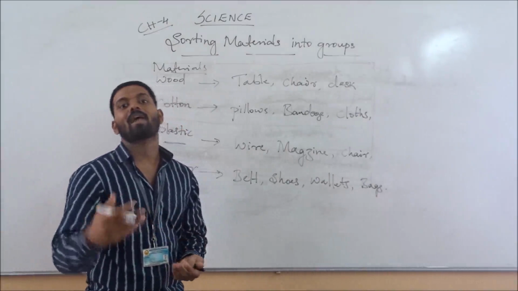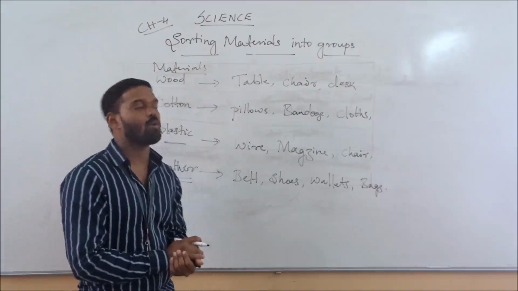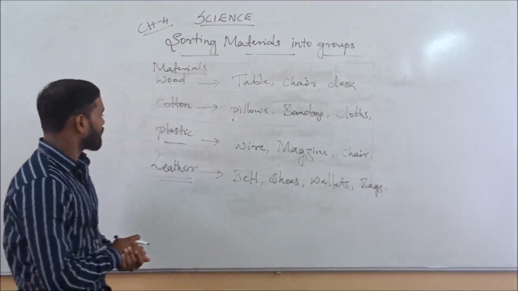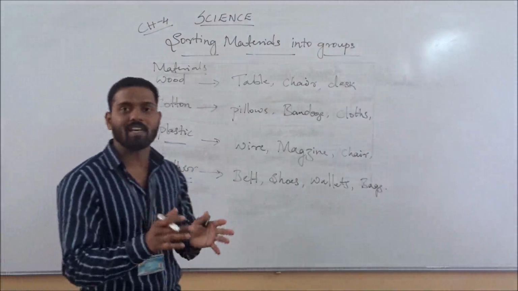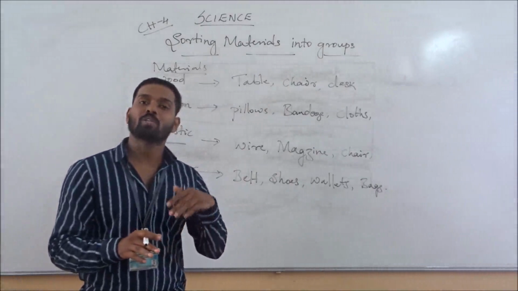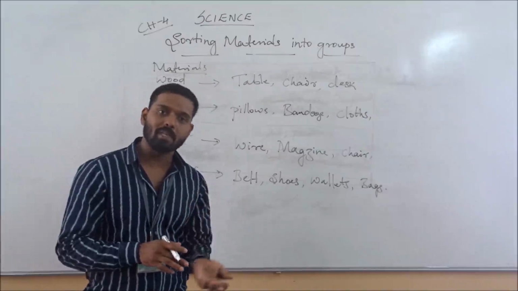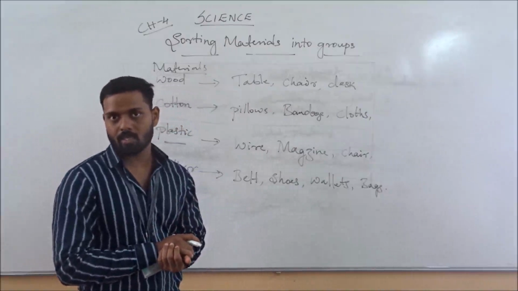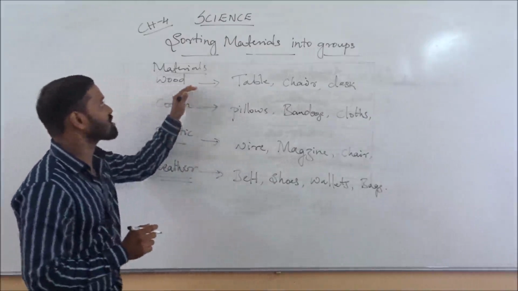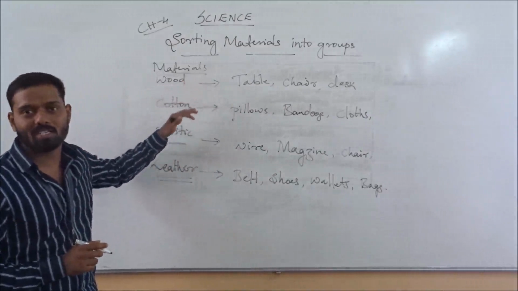Then it is considered a material. In the same way, certain things, based on the situation, you can call a material as well as an object. So I hope you understand what is a material and what is an object.